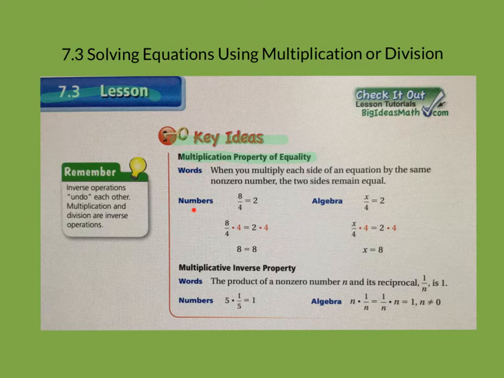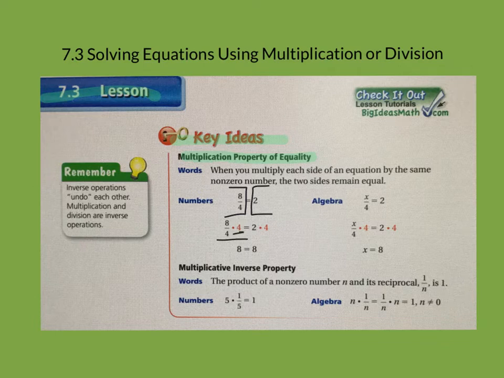In numbers, it looks like this. If I had 8/4 equals 2, again, we have to balance those sides, okay? So if I'm going to balance this side of the equation to equal this side of the equation, how do I do that? Well, down here, what they did was they multiplied the whole thing, 8/4 times 4.